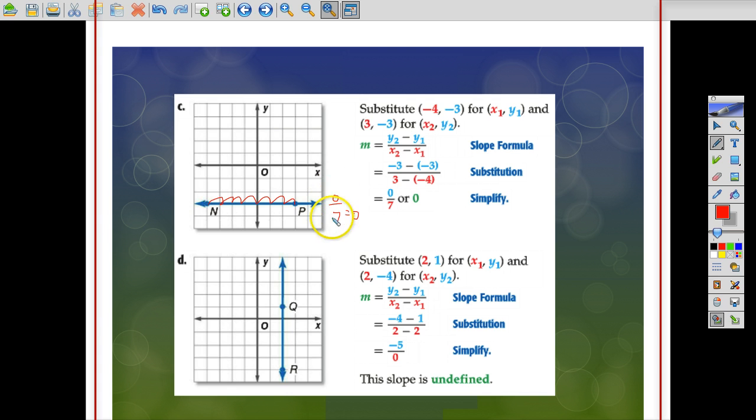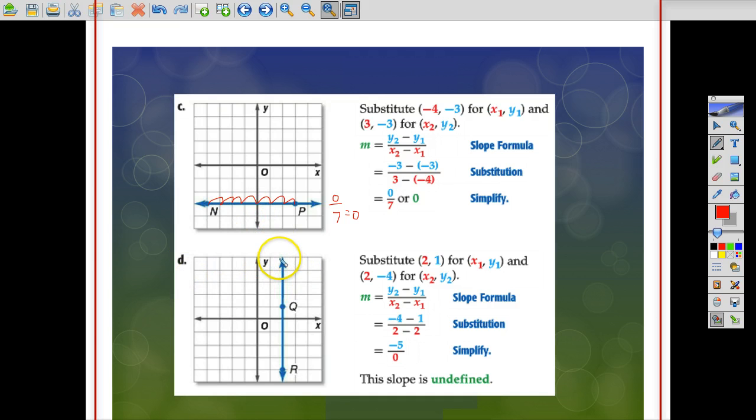You could have also used the equation y2 minus y1 over x2 minus x1: negative 3 minus negative 3 over 3 minus negative 4, and that would still be 0 on the top, so the slope is 0. Whenever you have a line going sideways, that's going to be a 0 slope.